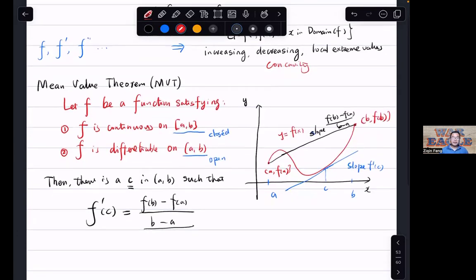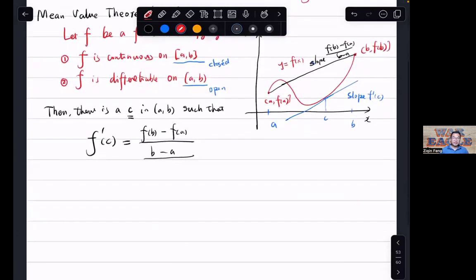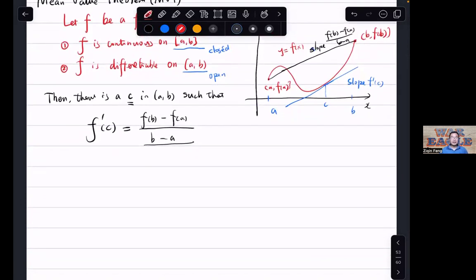So let me write down a very straightforward application of the mean value theorem, right? So let's see that.